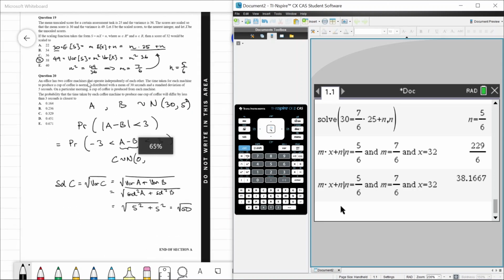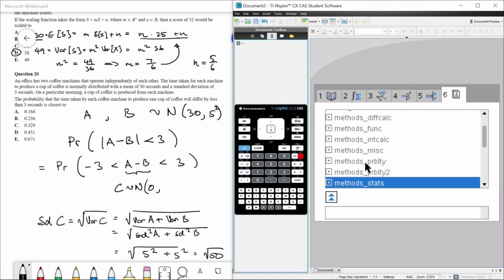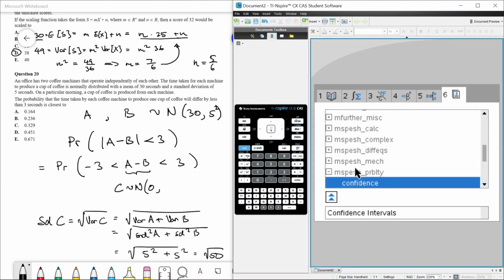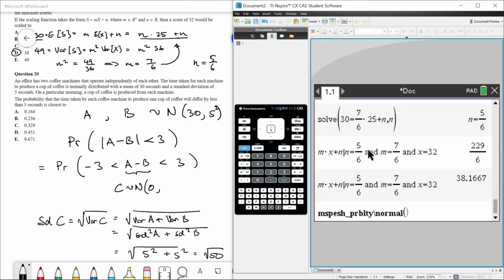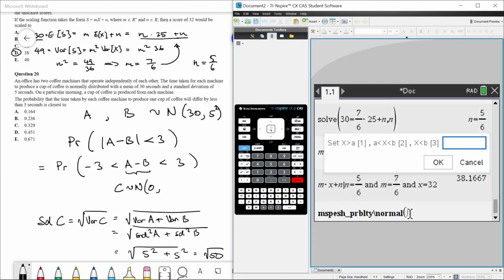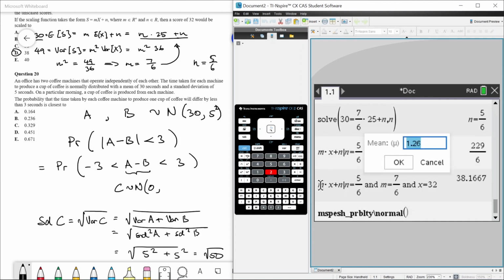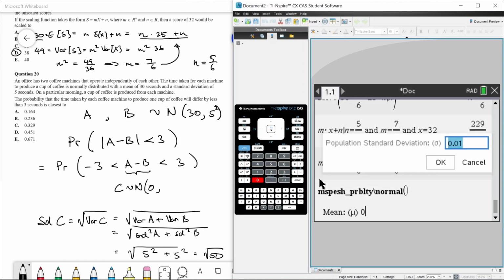So let's use the normal program. We go down to probability, normal distribution, and run this program. We want this to be between two values, so option 2. The mean of C is 0, and the standard deviation is the square root of 50.